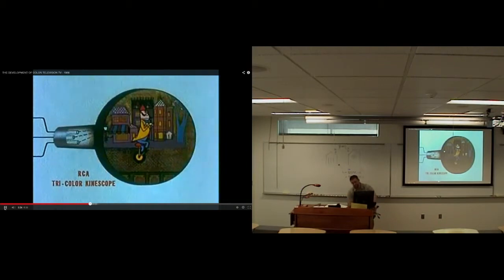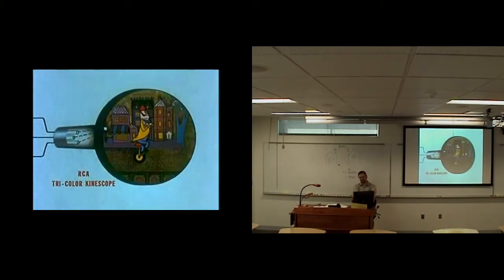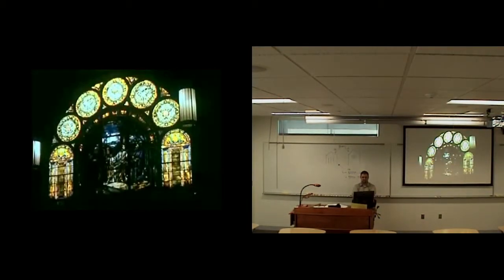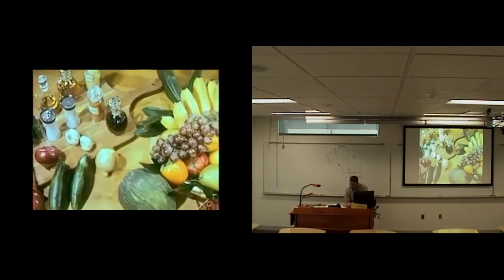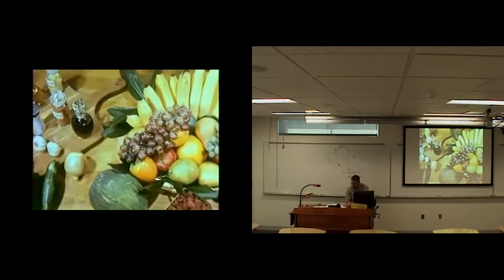Decode the color information and apply the picture in all its vivid beauty to the tricolor tube. The world of color. Color captivates attention and brings the beauty of creation close to home. Color transforms the commonplace into the beautiful.